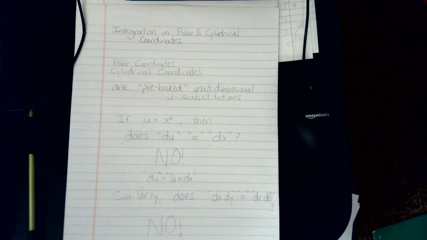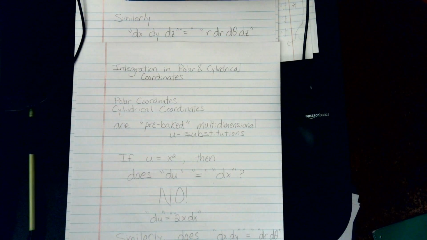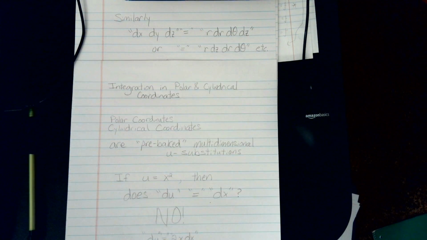How about cylindrical coordinates? Well, in cylindrical coordinates, a very similar thing. dx dy dz, or dV if you like, becomes r dr d theta dz. Although the dr d theta dz can be in different orders, r dz dr d theta, etc., whatever order makes you happiest.